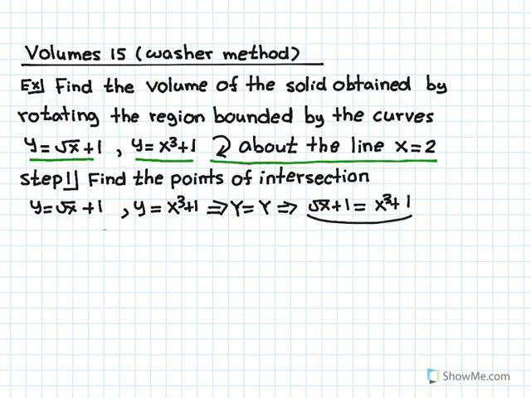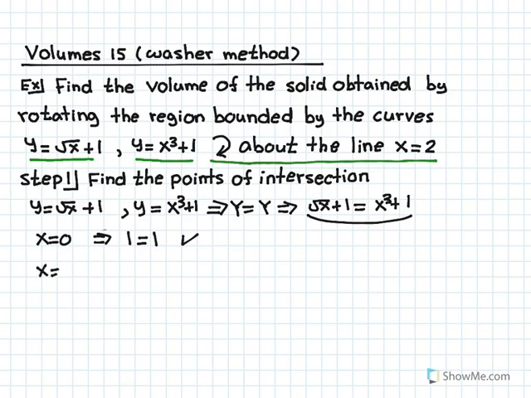Now, it's hard to use algebra to solve for x, so what we're going to do is guess. So what would be a suitable guess? Well, let's start with something easy, like x equals 0. Putting x equals 0 into the left-hand side, we get root of 0, that's 0. 0 plus 1 is 1, equals 0 cubed plus 1 is 1, 1 equals 1, that works.